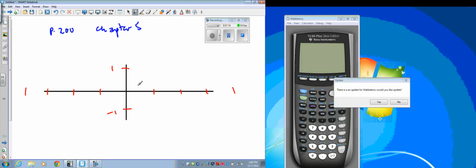And the first thing they're talking about is the sine of a negative angle is equal to negative the sine of the angle.